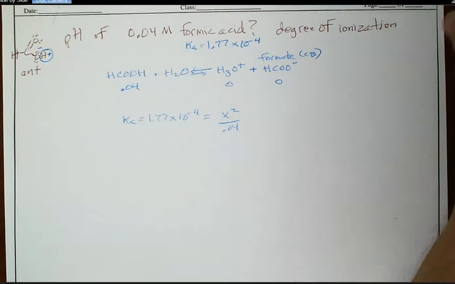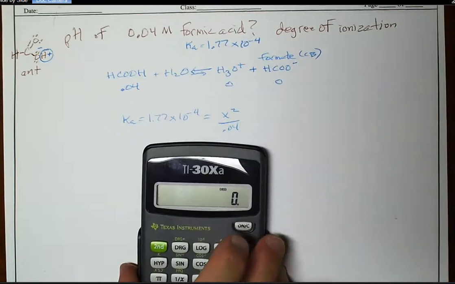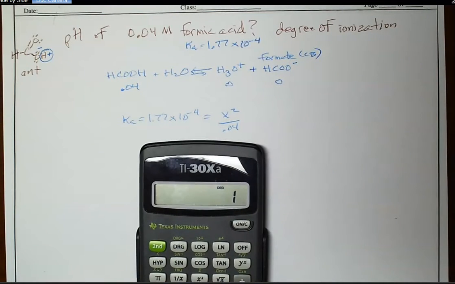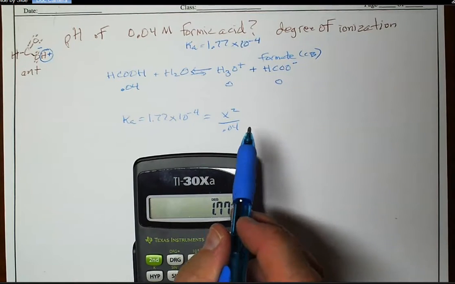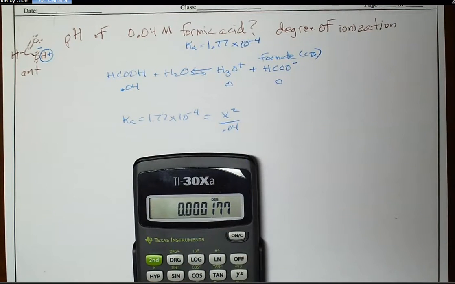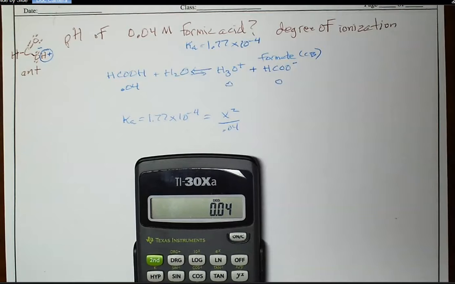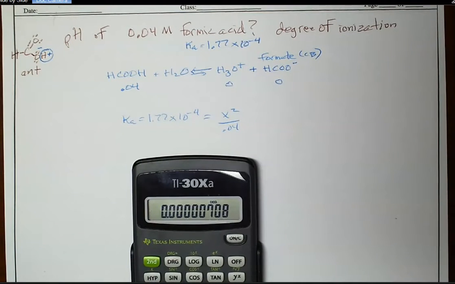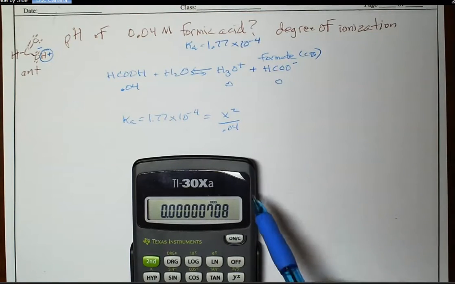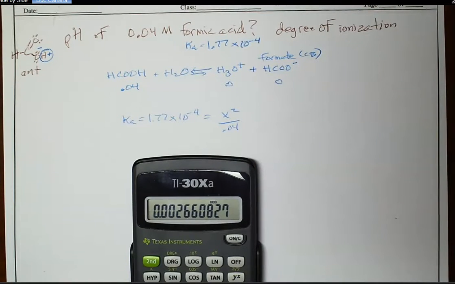All right. So now we're going to multiply both sides by 0.04. That'll cancel it out on that side. So we need 1.77 times 10 to the negative fourth, and we are going to multiply it by 0.04. And that's going to give us 7.08 times 10 to the negative sixth. And then we're going to take the square root of each side, so we'll get the square root of that.